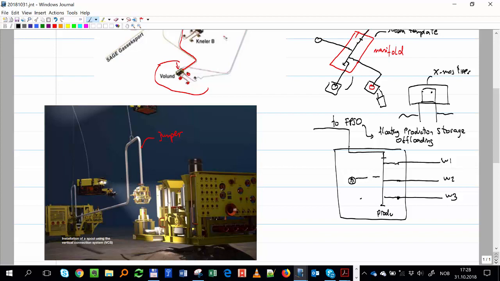And here, what do we have to place in between the meter and this header? This check valve, right? We don't want to have backflow. But then we need to find a way to send the production from this well, for example, to that side.